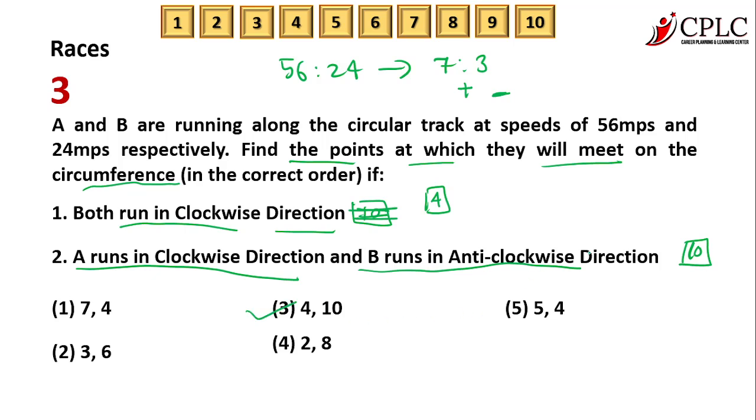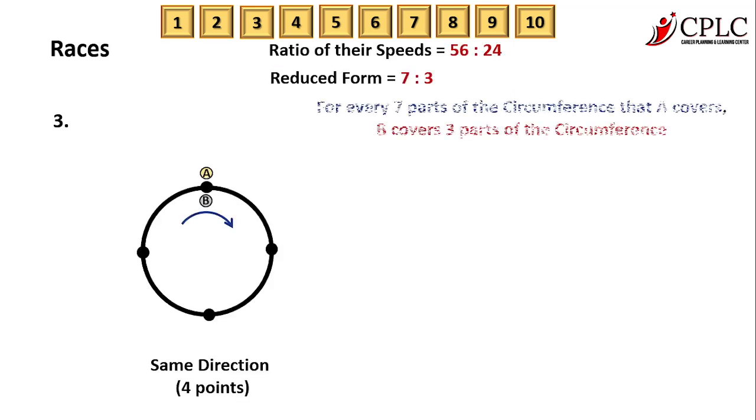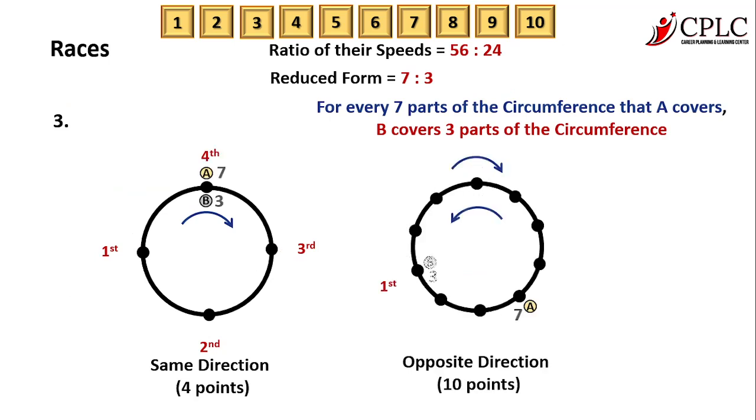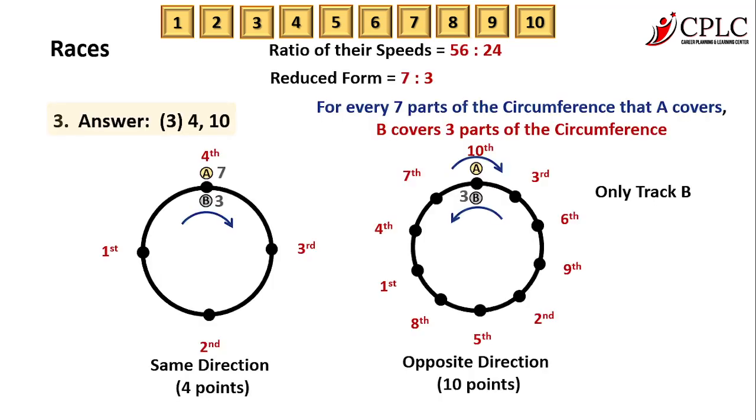In the opposite direction, addition. In the same direction, subtraction. So 7 minus 3 is 4, and 7 plus 3 is 10 points respectively, which is the answer option for question number 3. Very, very simple and straightforward question. You have to only know the formula to get it right in this similar manner, basically.